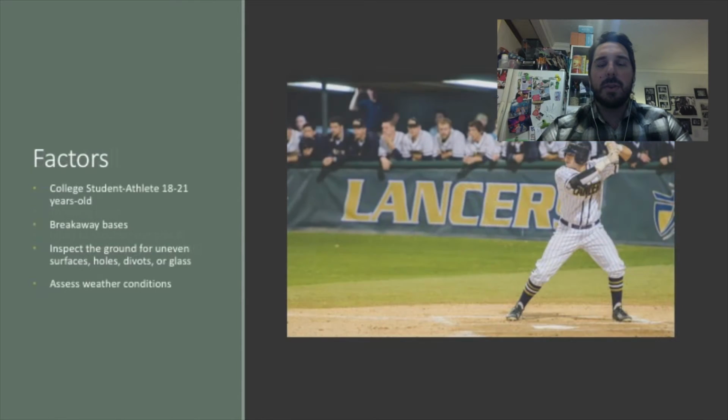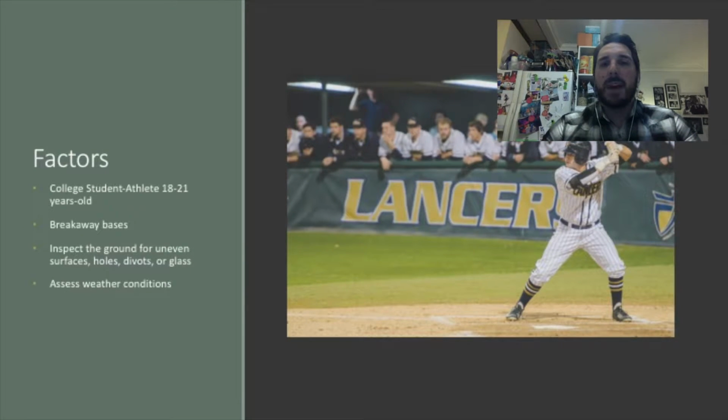Okay, so a couple of factors go into injuries in baseball. The first one would be the college-age student athlete, typically between the ages of 18 and 21. That is where most of the injuries that we see occur, just because of the high, fast-paced game, and also because these college athletes have so much pressure on them to try to make it to the higher level, to the major leagues and whatnot.